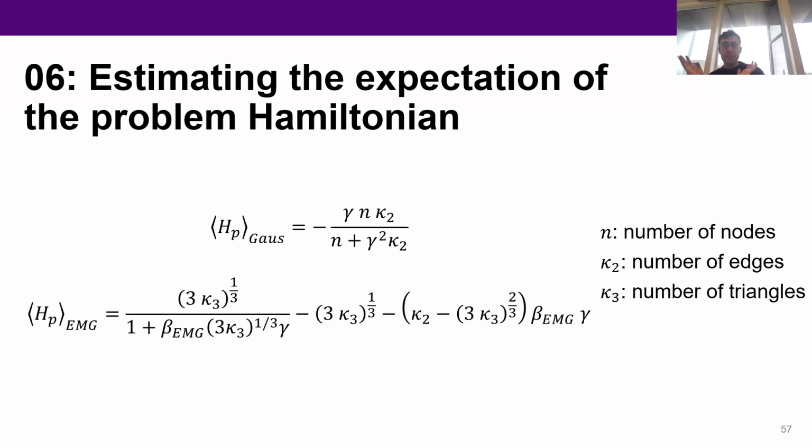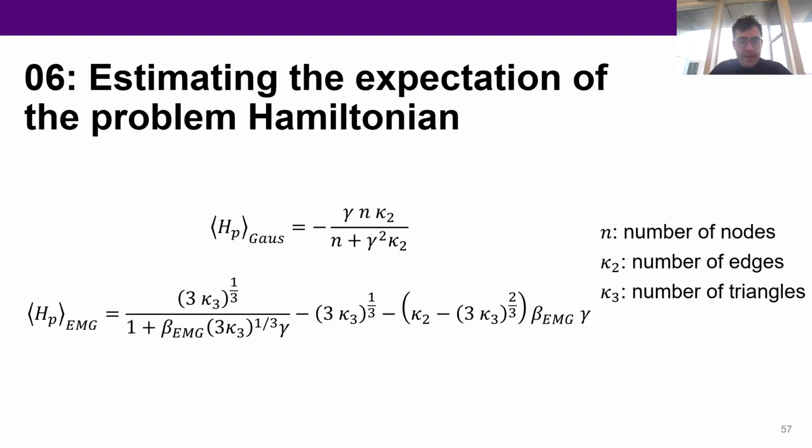And again, we see it depends on the number of nodes, edges, and triangles in our max-cut problem. So what we would like to do is, instead of optimizing the true value of HP, we're going to optimize these values of HP to find the optimal gamma, which we would then run on our quantum device.